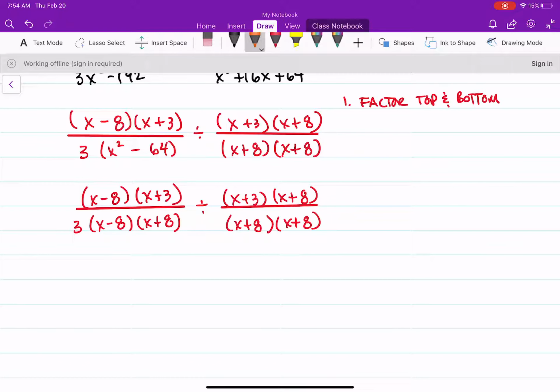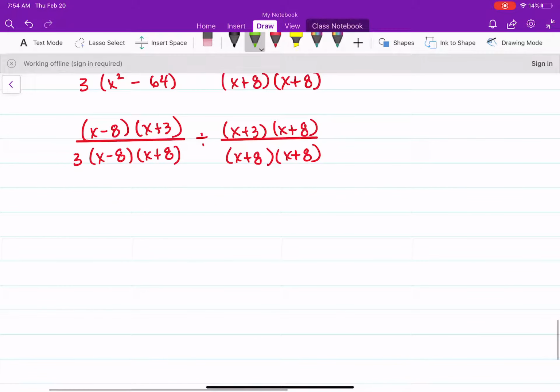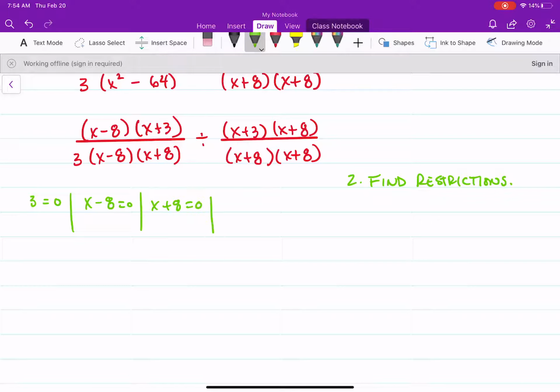All right. Step 2. Find restrictions. So 3 equals 0, x minus 8 equals 0, x plus 8 equals 0, and x plus 8 equals 0.